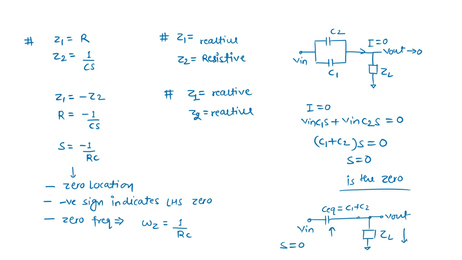In that case there is 0 current flow, so your output is 0. So this is also a 0. S equal to 0 is also a place of 0. So there are two ways we have seen for calculating zeros. One way is that the sum of current from input to output is 0. This is one way.